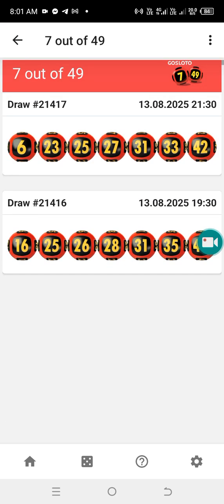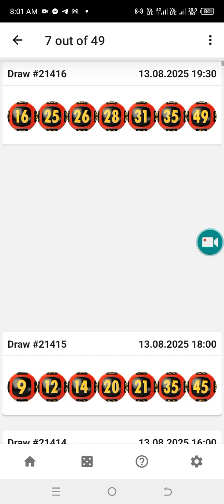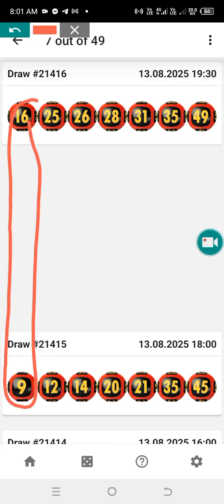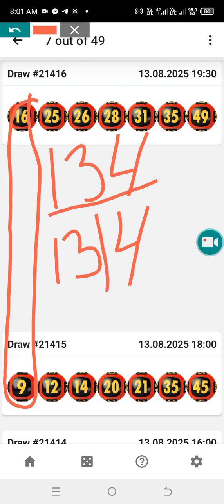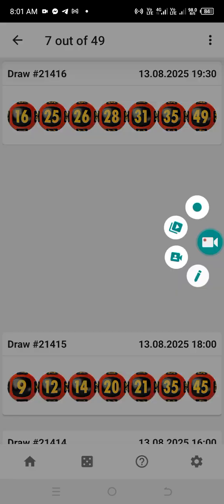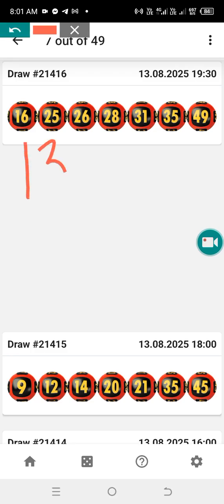You remember to spin your numbers. Here we're having 9 times 16 is 134. So we have two small numbers here, 134, which is 13 and 34. So we're going to do this. 13 and 34.